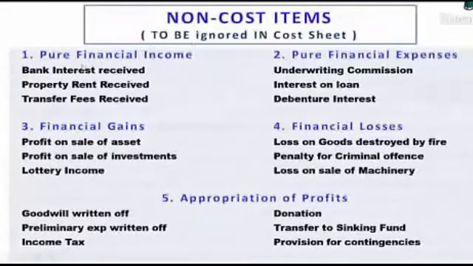Now, if you look at the first one, pure financial income, just keep on reading. Bank interest received, property rent, transfer fees, these are not taken in a cost sheet.